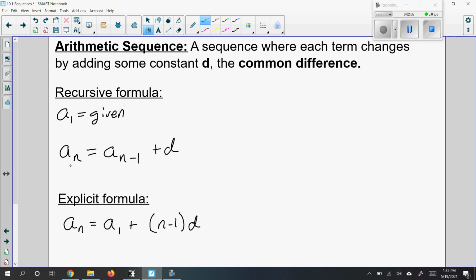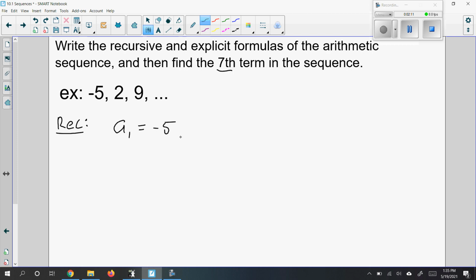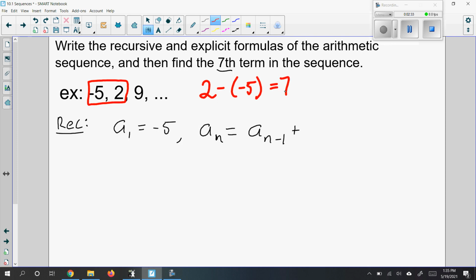Okay, the next term, or the nth term, is the previous term plus d. So a sub n is equal to a sub n minus 1 plus, okay, well now we need to find d. The way we can do that is take consecutive terms and subtract them. So 2 minus negative 5 is 7.